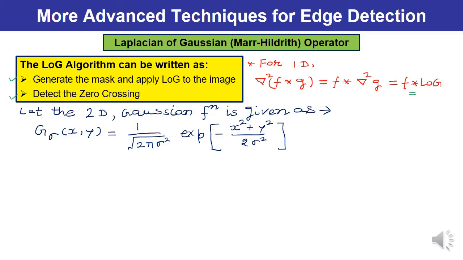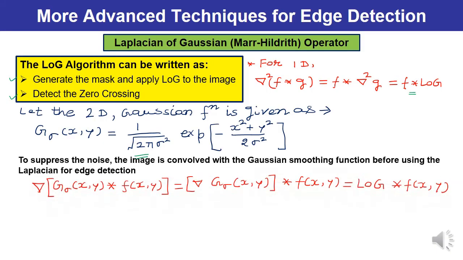So now the next step is to minimize noise. It means the image needs to be convolved with the Gaussian smoothing function. At the same time, we can neglect this constant, the normalization constant value. So to suppress noise, the image is convolved with Gaussian smoothing, which means the term will be what?